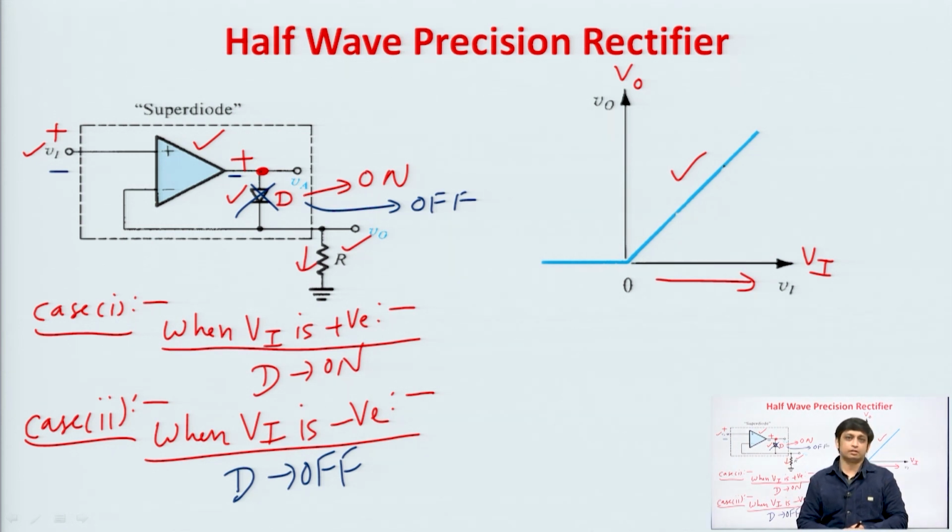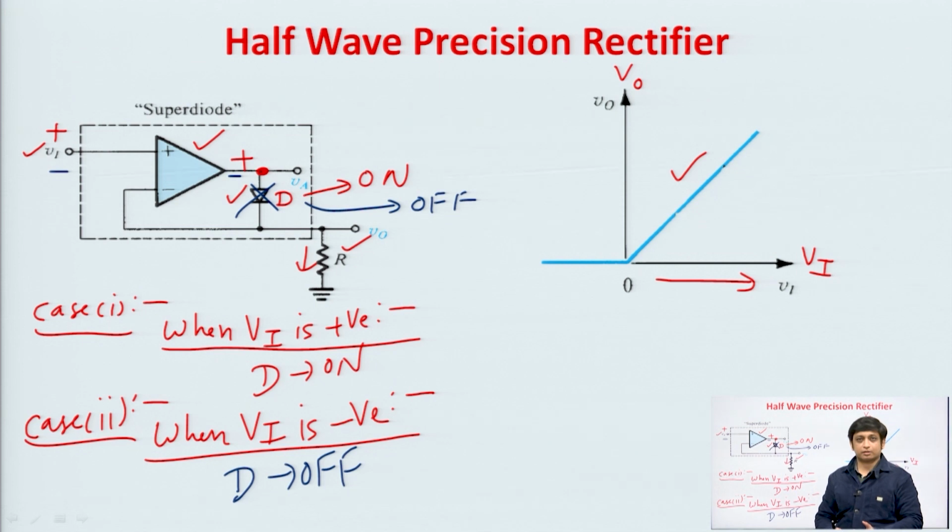The reason is that once this op amp goes into saturation, it will take some time to get back from saturation into the linear region. So, it will slow down this circuit. So, the speed of the circuit will become less. So, it can be a drawback also.